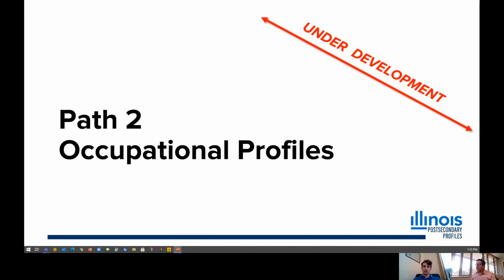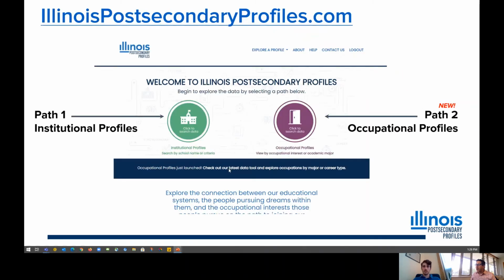And so Path 2 is still under development. As we show screenshots, that's an important caveat as we record this in mid-September of 2020. But we're excited to bring these to you and give you that preview of what it will look like when it rolls out later this fall.